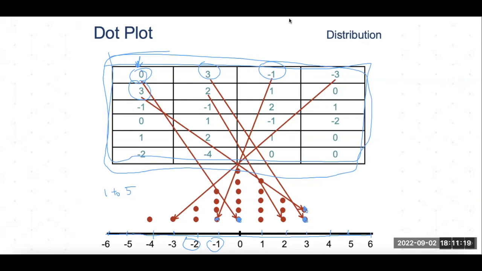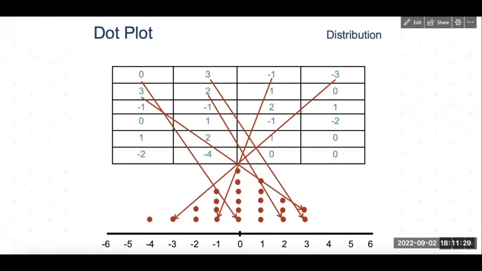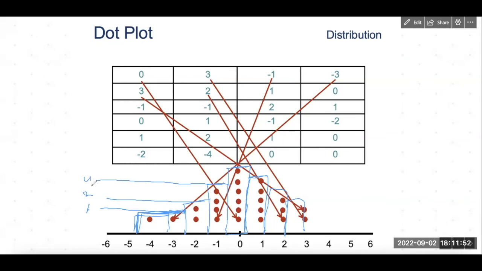It's kind of like a histogram in that sense, because if you fill these in as if they're bars instead of dots, we have a histogram. These bars tell you the frequency. So for example, frequency 1, this bar height, frequency 2, frequency of 4 here, because there are 4 dots. So it's similar to that previous example of a histogram.